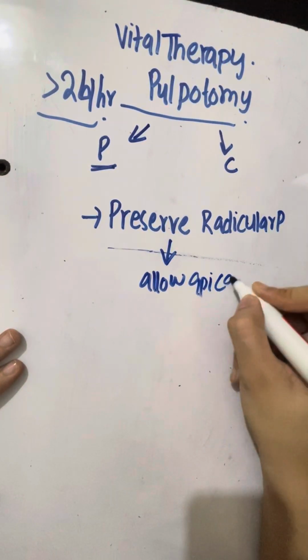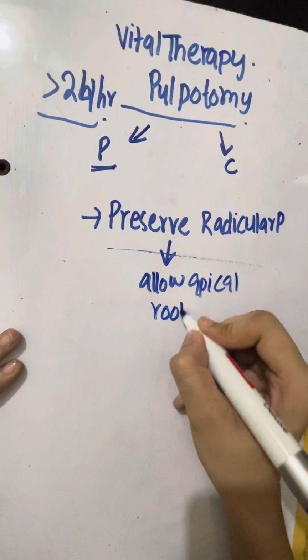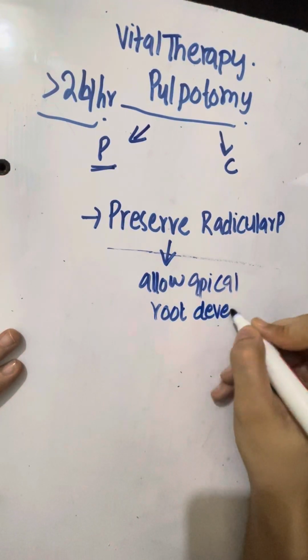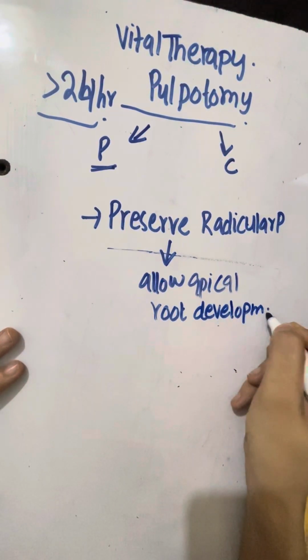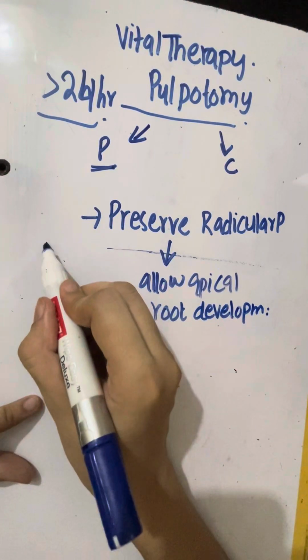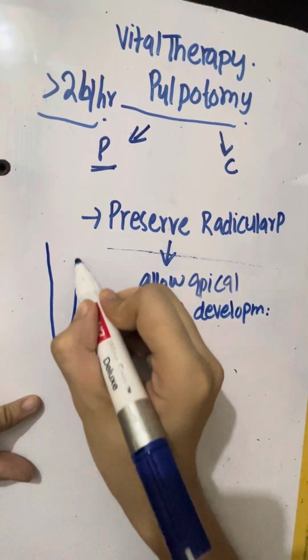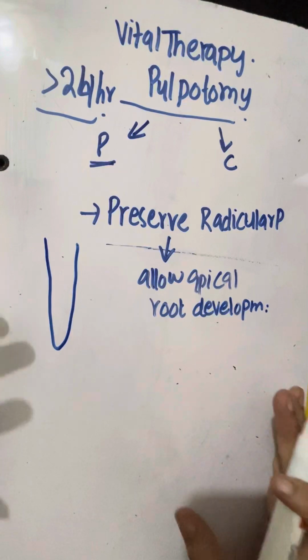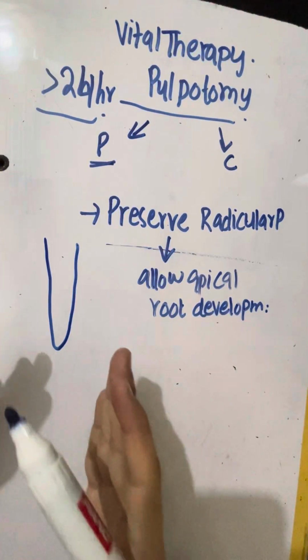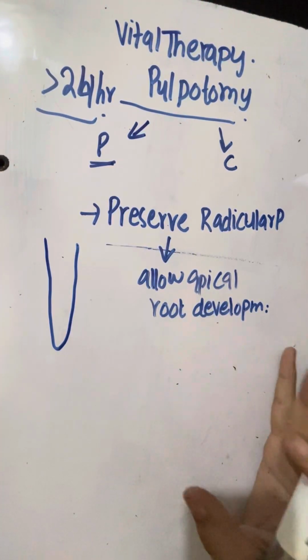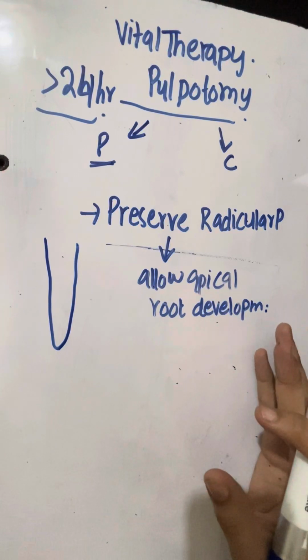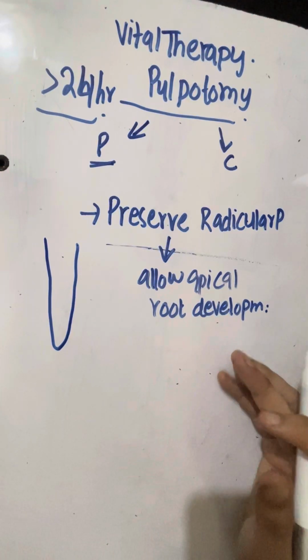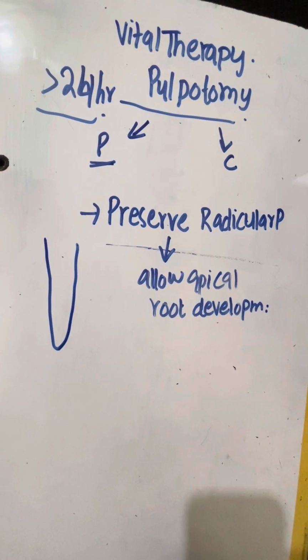It will allow further apical root development that we discussed in pulp capping, that the tooth should narrow and it should grow. The apex should be closed and it should grow.